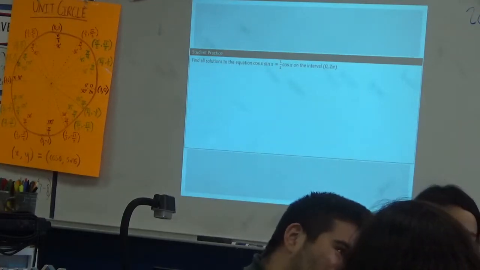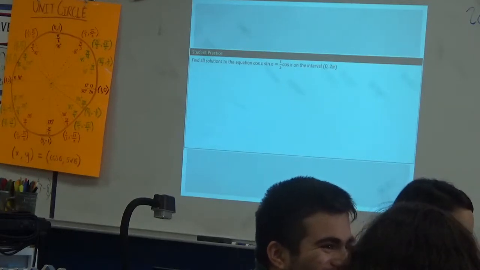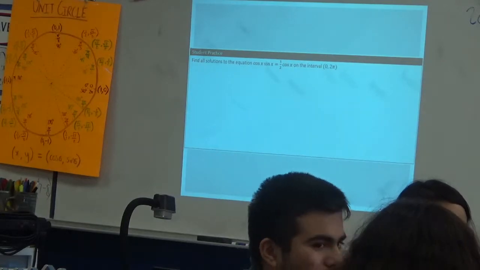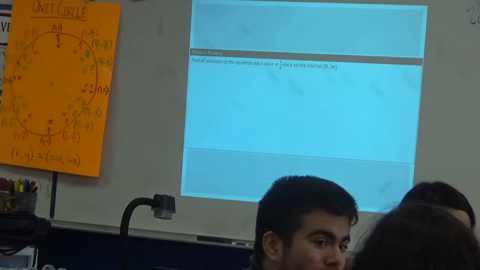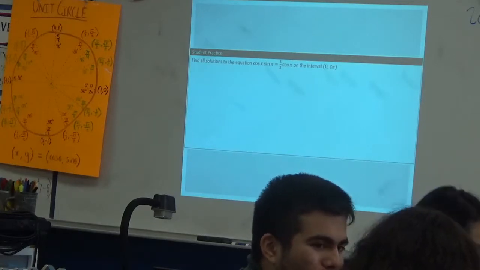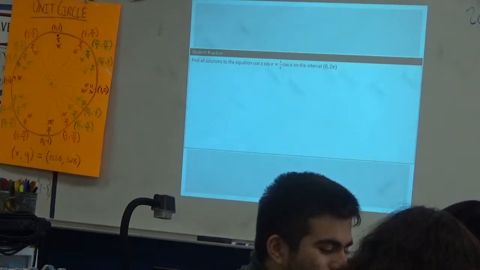What did I have in common with that? We will have cosine, right? So that's what we're going to factor out first. We're going to put cosine in front of the parentheses. So cosine times in parentheses. What's left in the first piece?